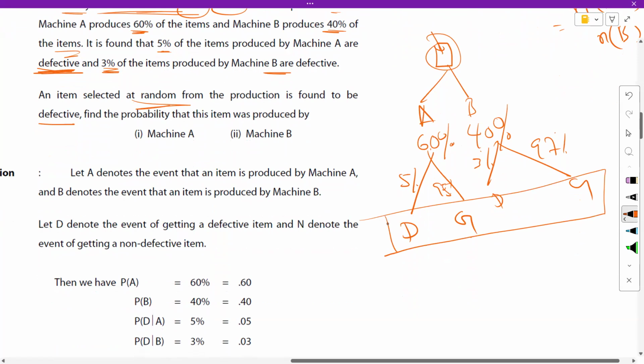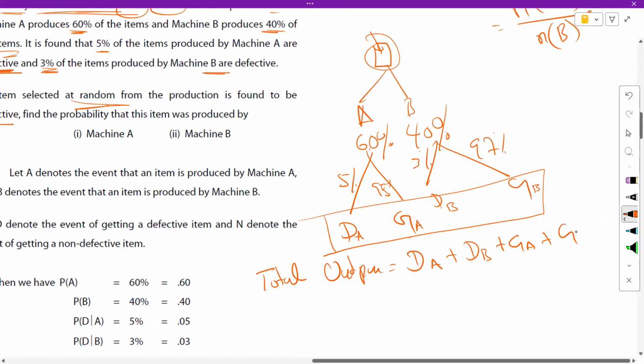We assume this is defective A, good condition A, defective item B produced by machine B, and good condition B. Then total output equals defective A plus defective B plus good A plus good B. Here total defective equals defective A plus defective B.